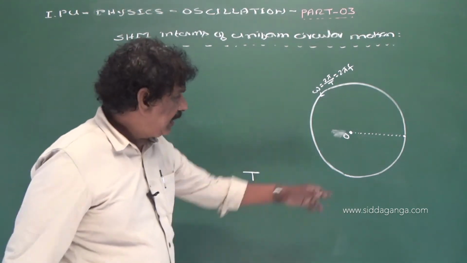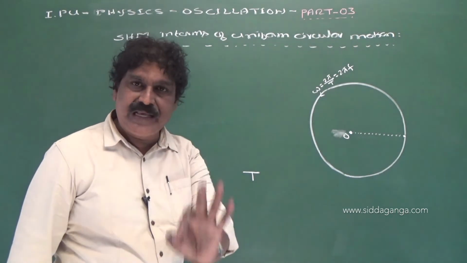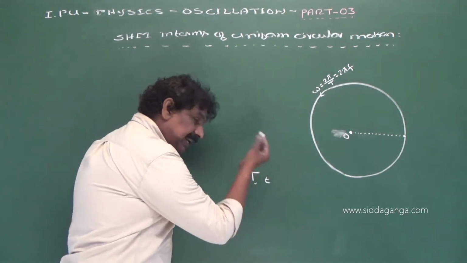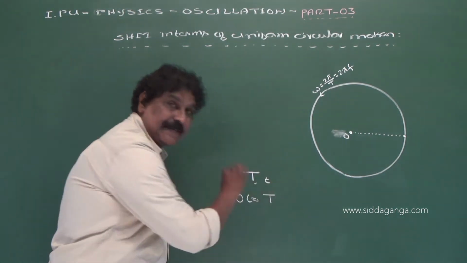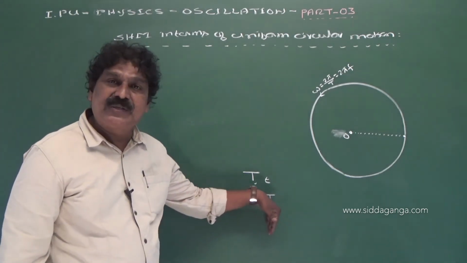right? Here the time taken to complete one to and fro motion or one circular motion, and between 0 to T, every instant is represented by small t.